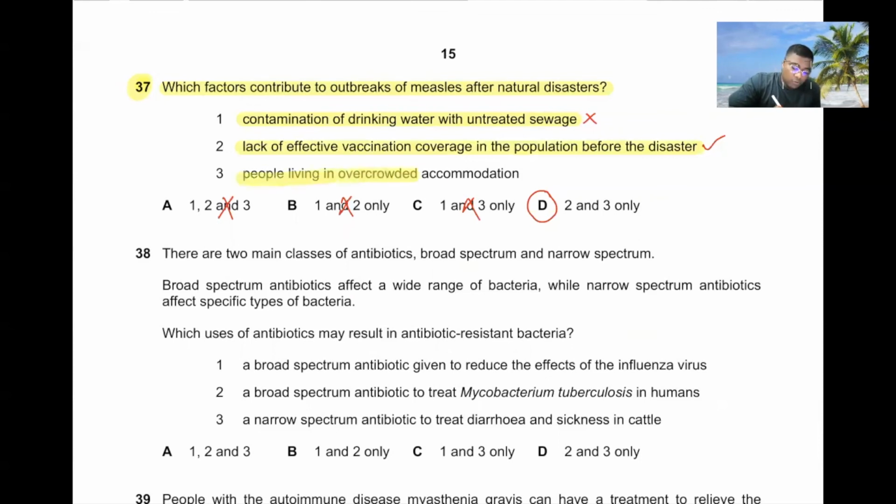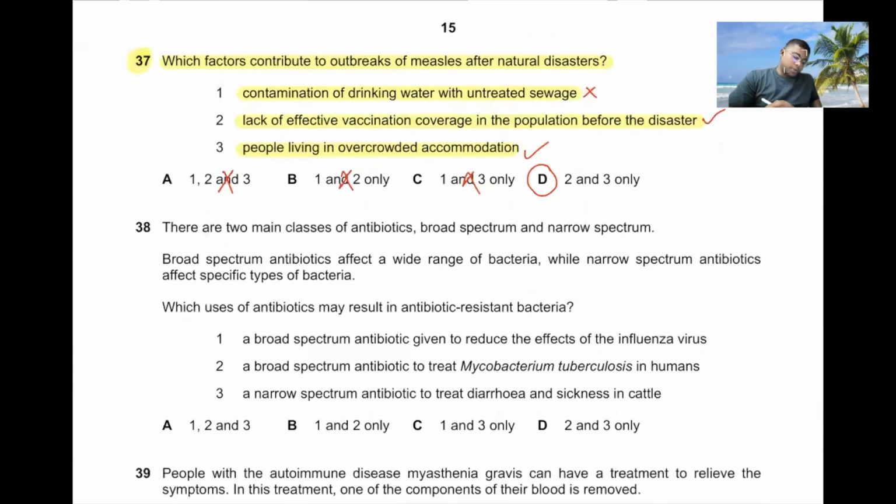People living in overcrowded conditions. Yes, option 3, overcrowded conditions, should definitely be considered, because it is one of the main causes for measles to spread. All right, so options 2 and 3 are correct. D is correct.